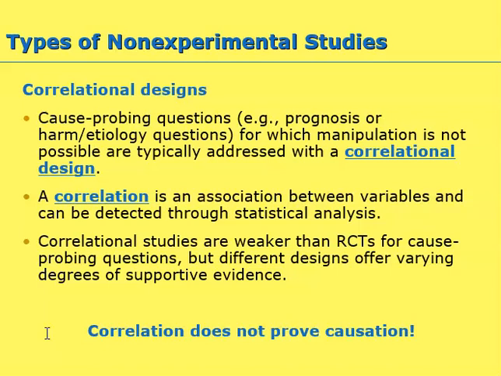Oftentimes, no. So we have to be careful when we're a reader, or if you're designing a non-experimental study, that we're not trying to presume cause and effect when our design is not strong enough to infer cause and effect. Hopefully that soapbox didn't take too long, but you see that so often.